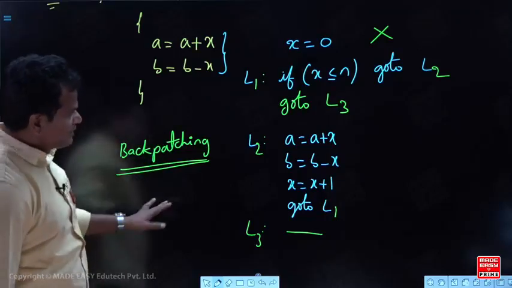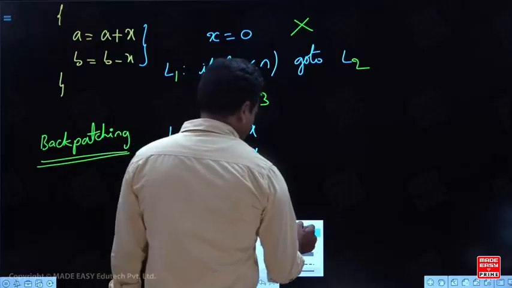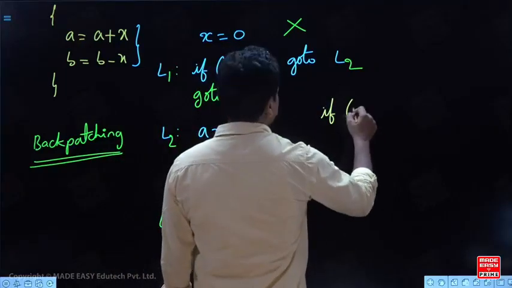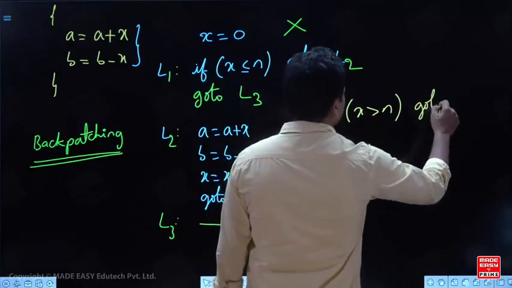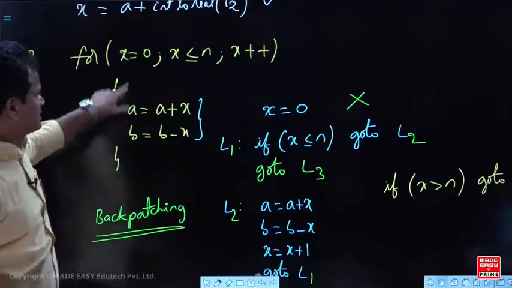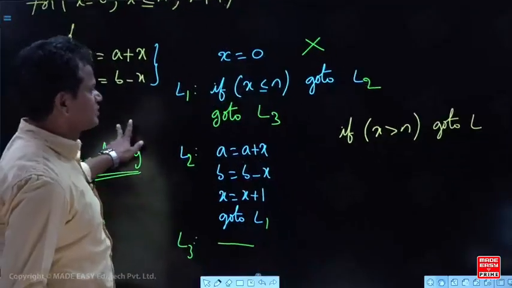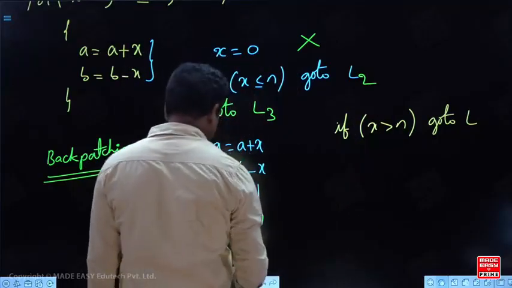The same code, if anybody wrote it like this, is also correct. If x is greater than n, then come out of the loop. How long shall we run this loop? Until x is greater than n.